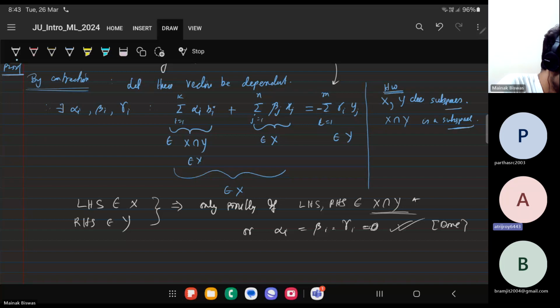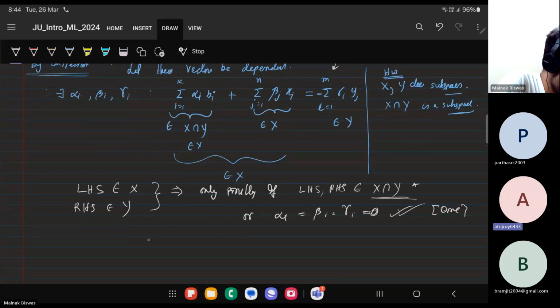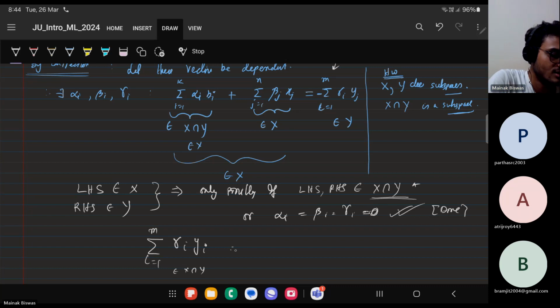Then x and y will become the same. Let us see. So do you agree that I can write this? So this belongs to, now I know, X intersection Y. So what can I write this as?